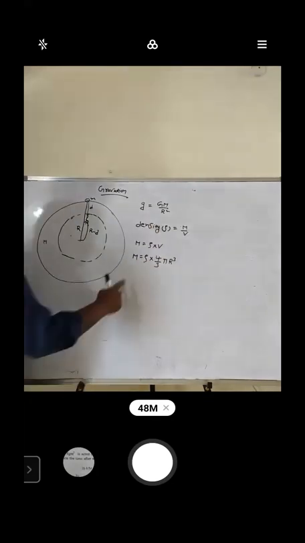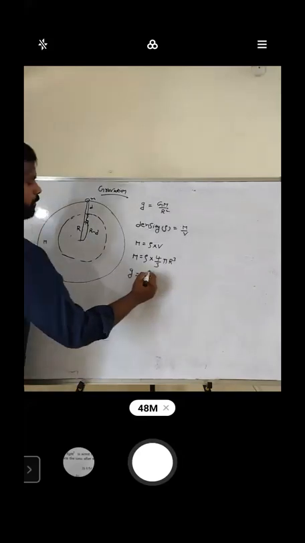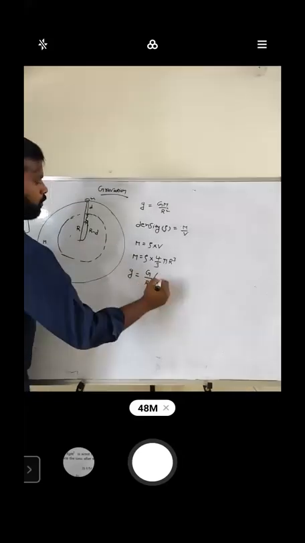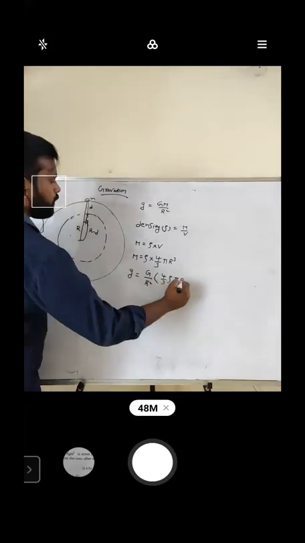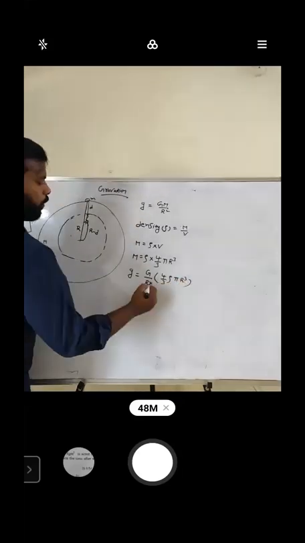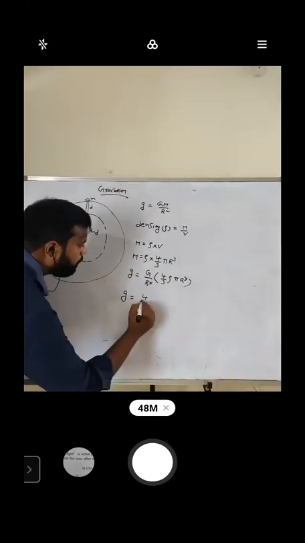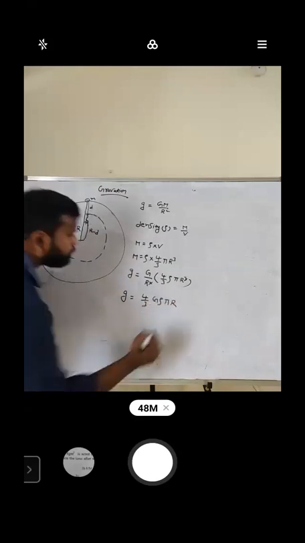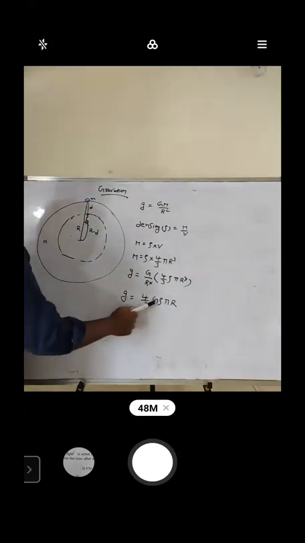So I'm substituting this m here. g equals G by r square into mass, 4 by 3 rho pi r power 3. The square and the cube get cancelled. So the final equation: small g equals 4 by 3 capital G rho pi r.